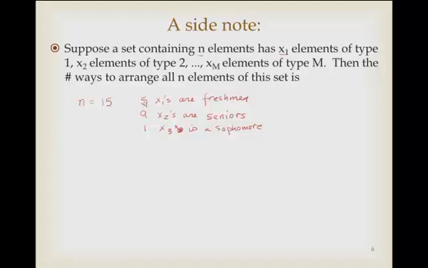So all of them total up to 15, right? We've got 5 x1s, 9 x2s, and 1 x3.